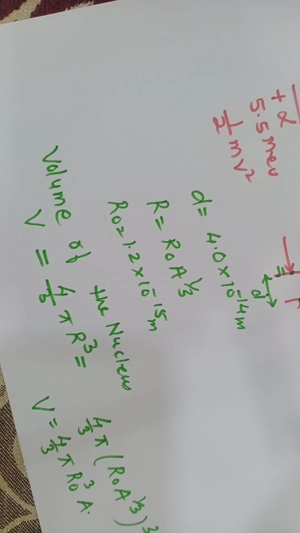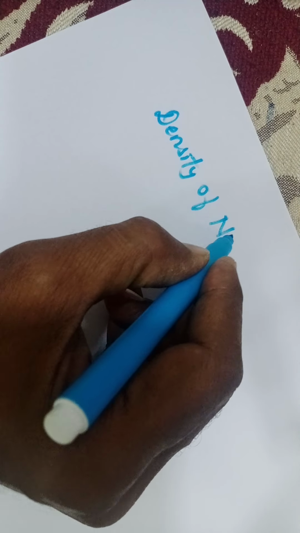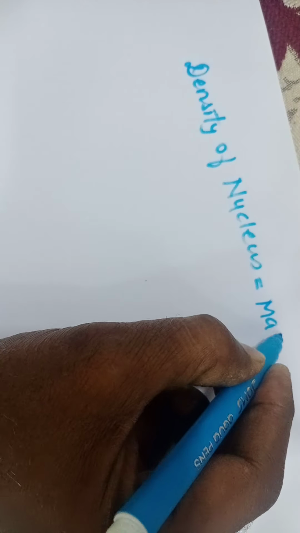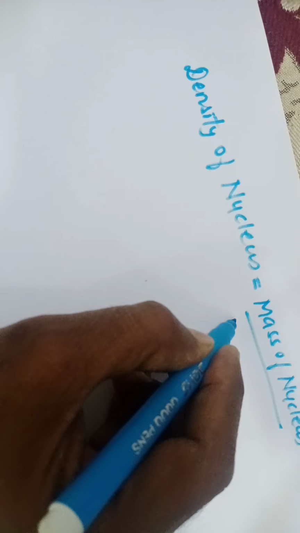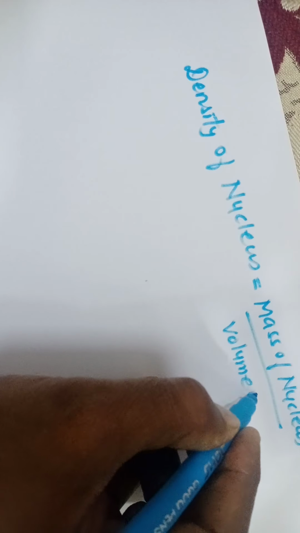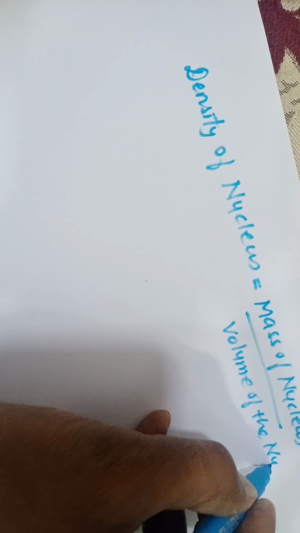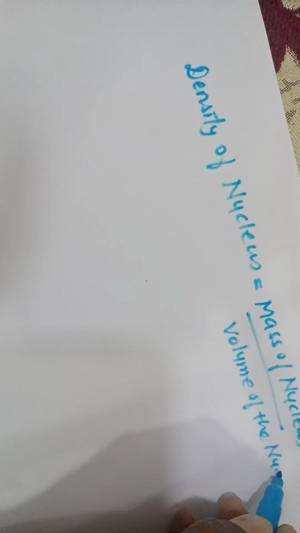Later on, if we know the volume, we can calculate the density. How will we calculate the density? The density of the nucleus is equal to the mass of the nucleus upon the volume of the nucleus. Now what is the mass of the nucleus?